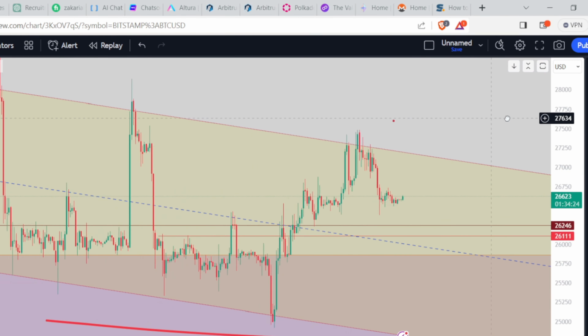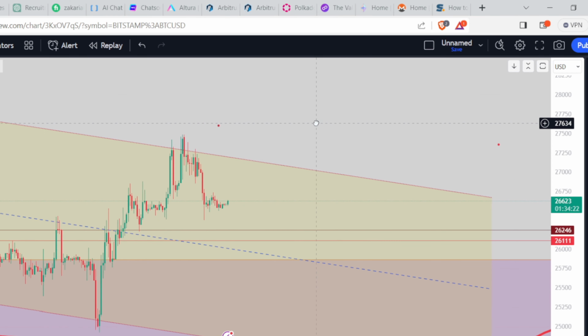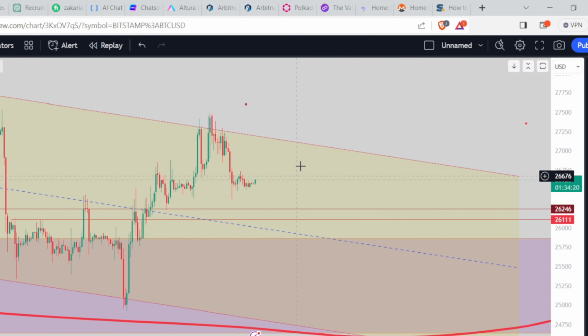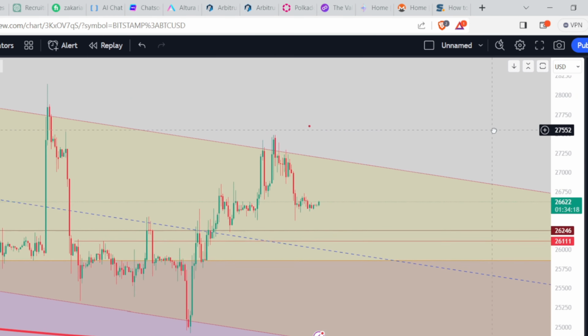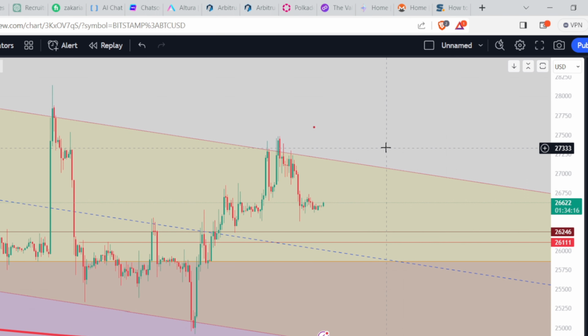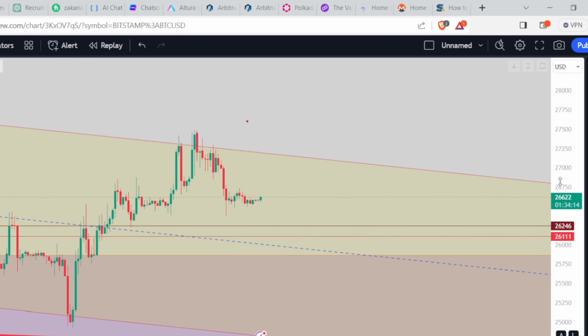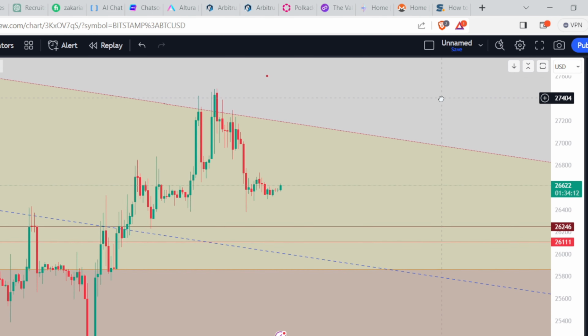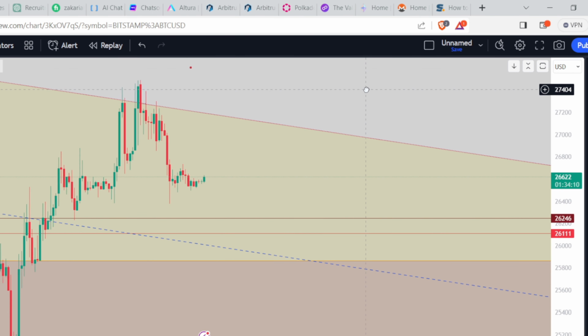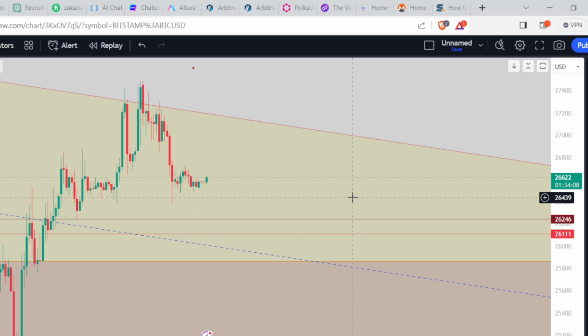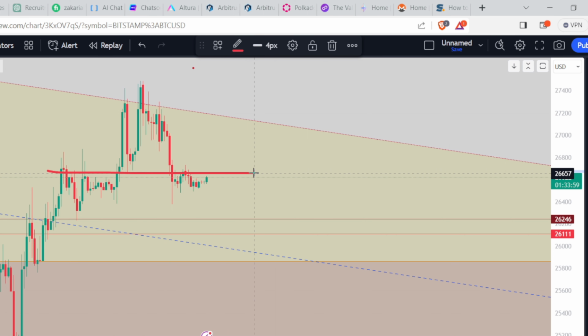So the 4-hourly is telling me that it's still in the resistance area, and it is weekend, there is low volatility. So the best thing to do here, if you really want to make a trade, is to keep this resistance area here around 26.7 in view.